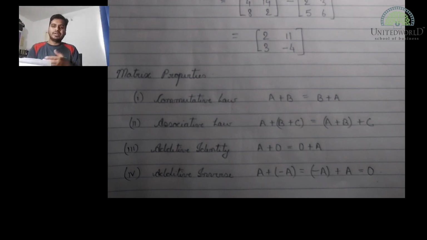If you add minus 3 to 3, you will get 0. So minus 3 is the additive inverse of 3. Similarly, in matrix, the negative of any matrix is the additive inverse of that particular matrix, because if you add these two matrices together, you will get the zero matrix.